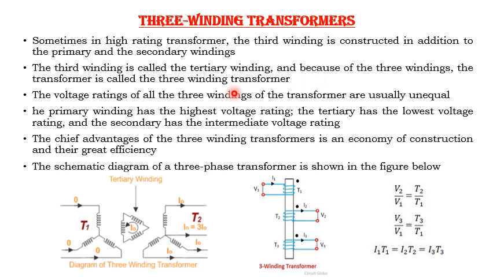But what about the voltage rating of all three windings? Usually the voltage ratings of a three winding transformer are unequal. The primary winding has the highest voltage rating, the tertiary winding has the lowest voltage rating, and the secondary winding has the intermediate voltage rating. The main advantages of a three winding transformer are economy of construction and greater efficiency.